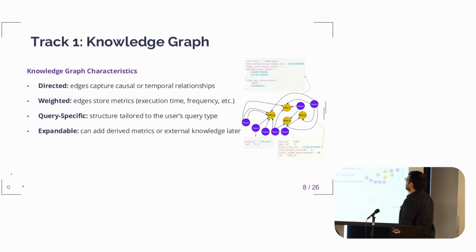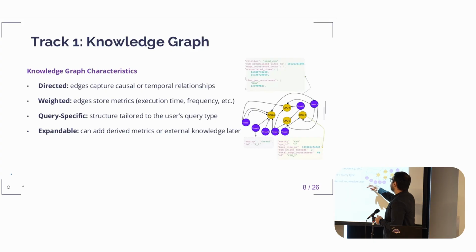The next component in TAAF is the knowledge graph that we are creating. We are using it to reduce the hallucination problem and also to make LLM reasoning more explicit so that it can refer to the nodes and edges that helped it come up with the final answer. So our knowledge graph has several characteristics. It is directed and weighted.